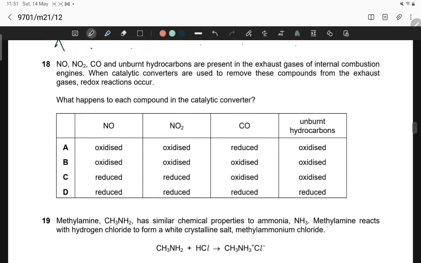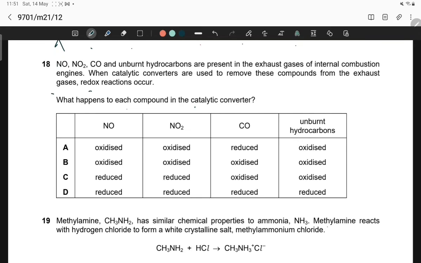NO, NO2, CO and unburnt hydrocarbons are present in the exhaust gases of internal combustion engines. When catalytic converters are used to remove these compounds from the exhaust gases, redox reactions occur. What happens to each compound in the catalytic converter?